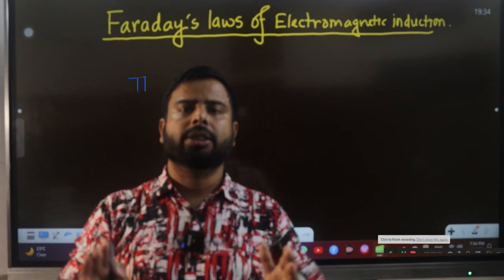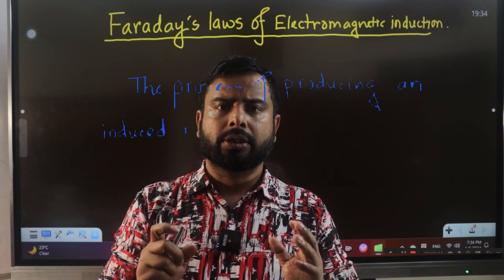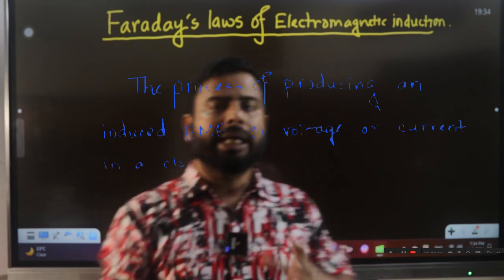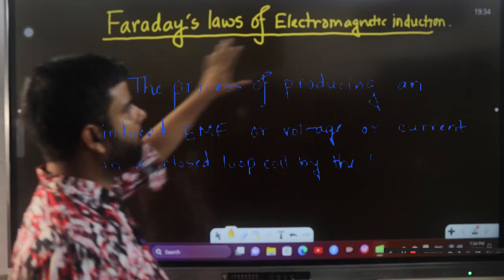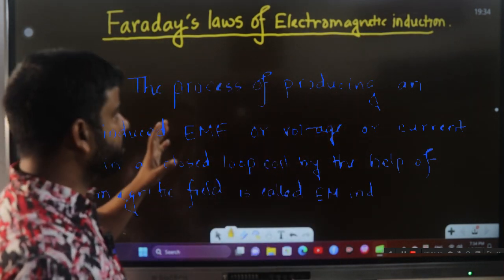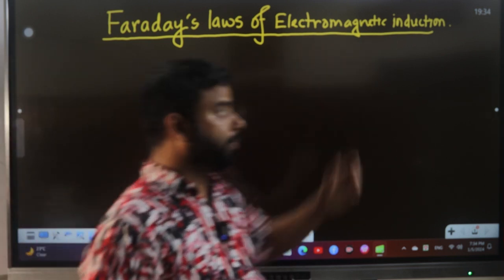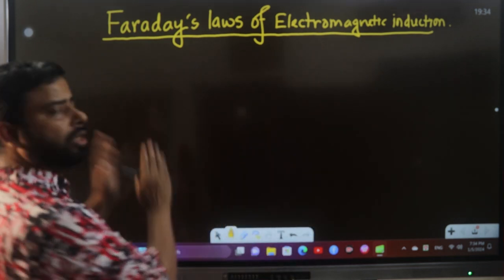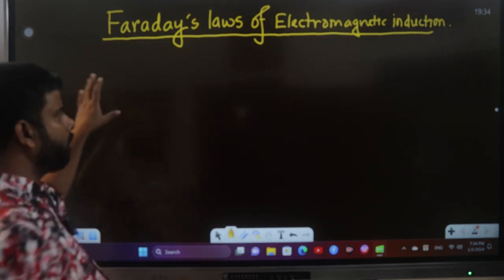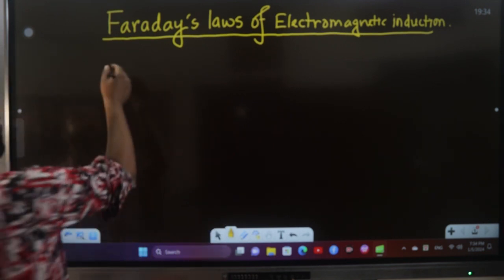The process of producing induced EMF or voltage or induced current in a closed loop coil with the help of a magnetic field is called electromagnetic induction. Faraday discovered this phenomenon.